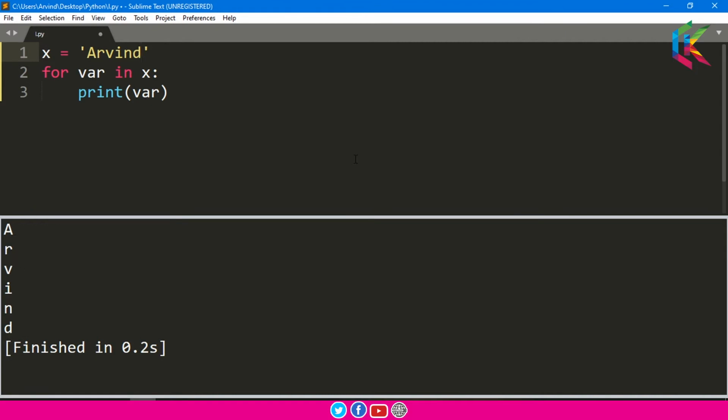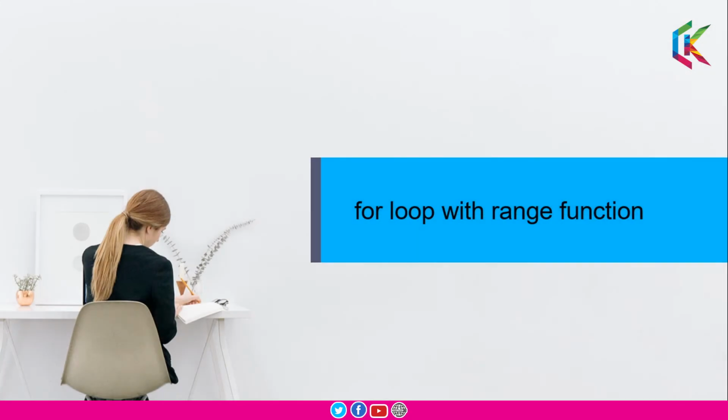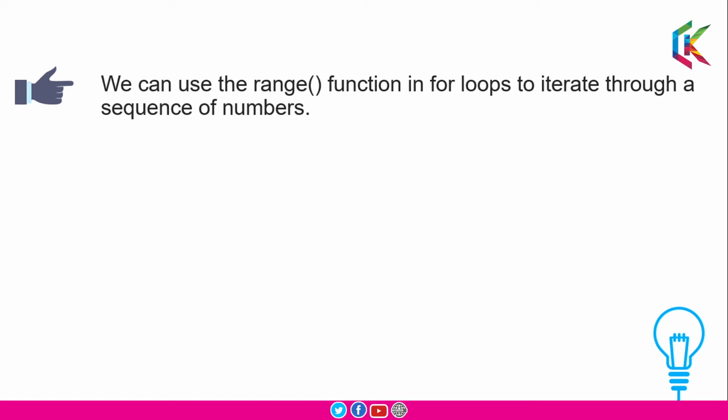Moving on to the next topic, for loop with the range function. Let's open up our slide. We can use the range function in for loops to iterate through a sequence of numbers.